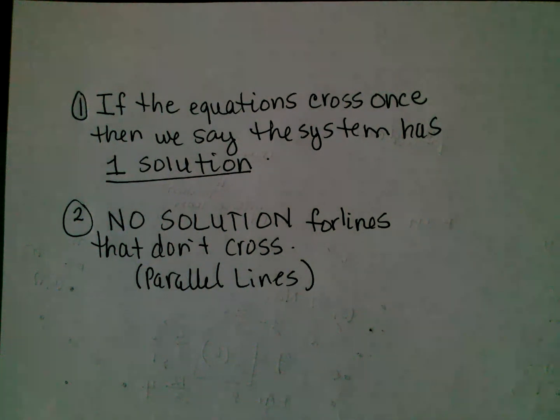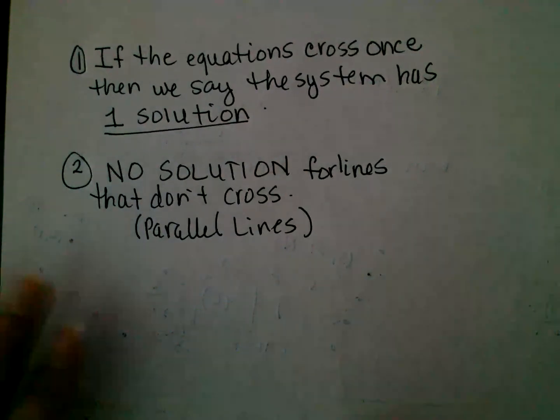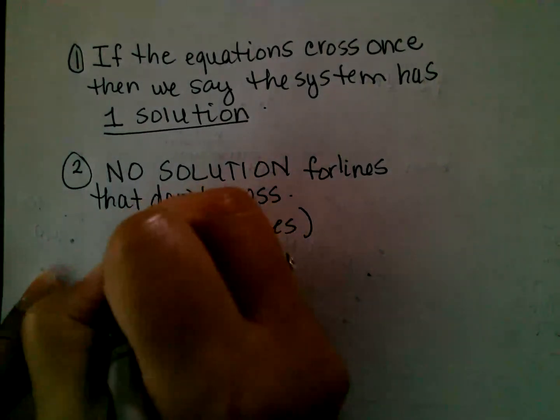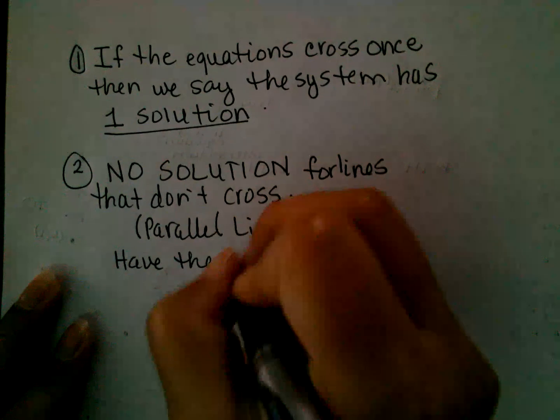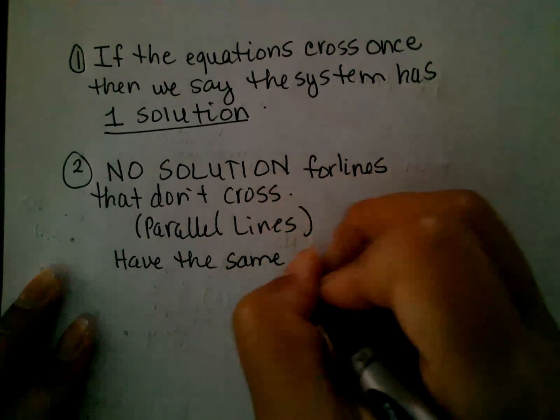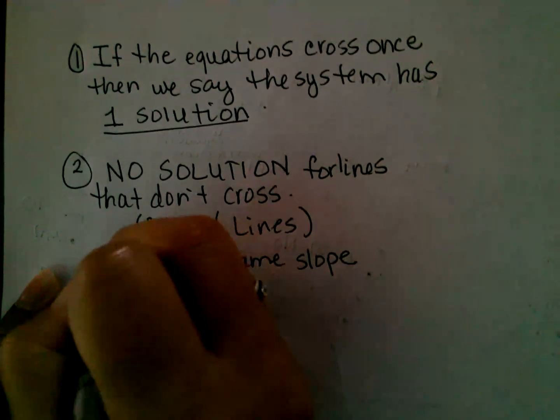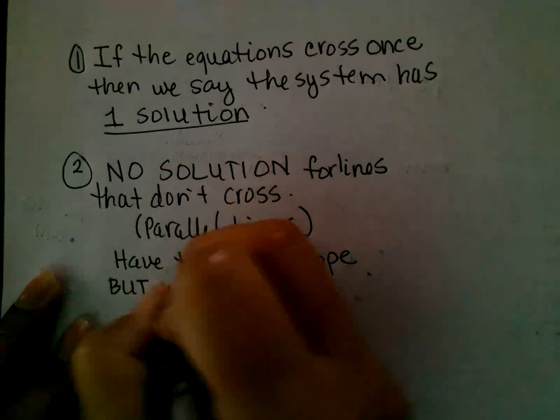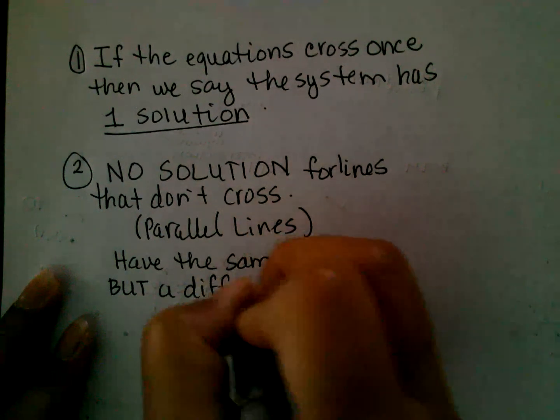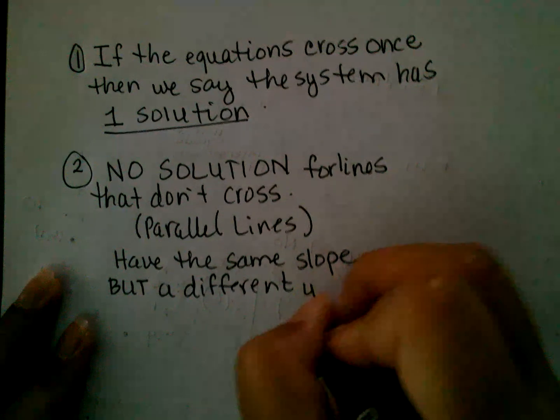Now, I did teach you that your elementary teachers lied to you, right? And they just said, oh, they're just lines that never meet. But why? Well, because parallel lines have the same slope, but a different y-intercept.